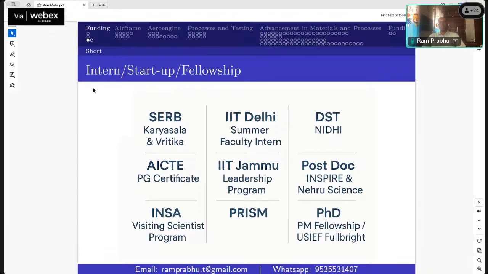And recently, for private college faculty who are suffering from the education recession, for example, mechanical branches having very low intake, they have designed a program run by IITs and NITs, which is a PG certificate program offered by AICTE. In case you opt for that program and complete it, it's a 6-month program, both online and offline.